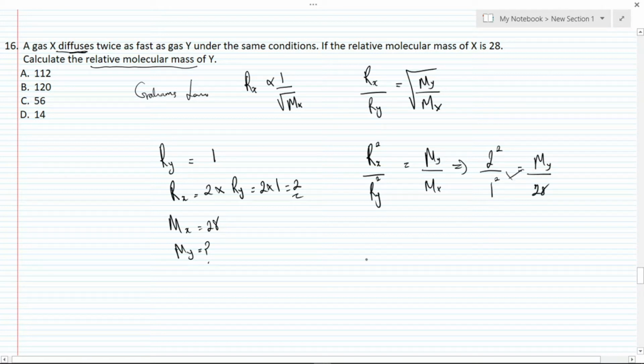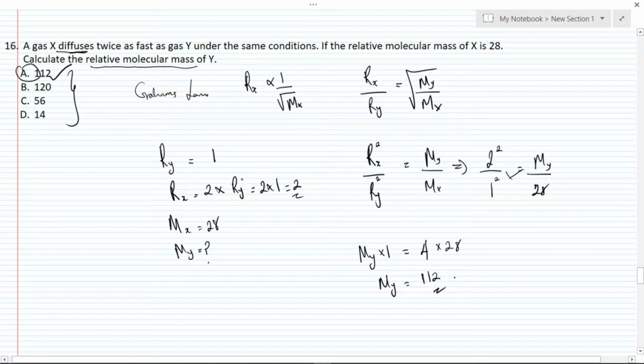Multiplying both sides, My times 1 equals 4 times 28, and My gives us 112. Comparing the options, option A matches what we got, so that's our answer.